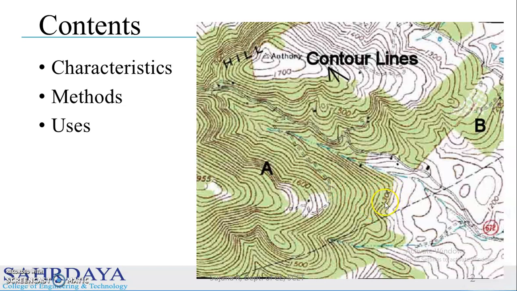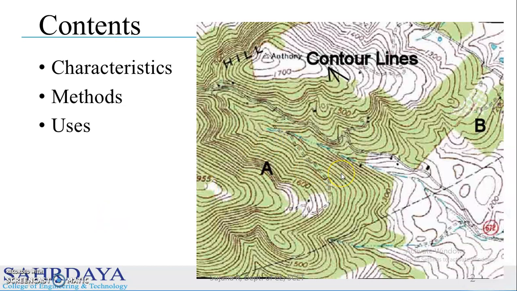For example, you can see here 1300, which means along that contour, all the points have an elevation of 1300. That is what is meant by a contour.